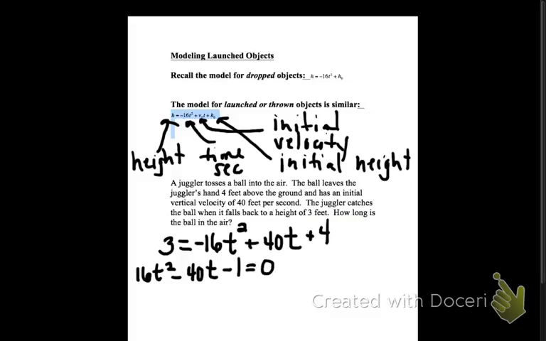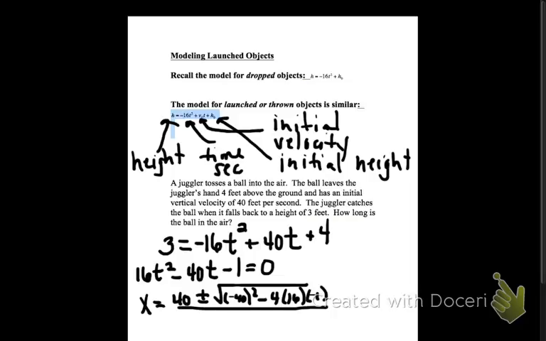From here, we will plug it into the quadratic formula, and we will have x equals 40 plus or minus the square root of negative 40 squared minus 4 times 16 times negative 1, all over 2 times 16.